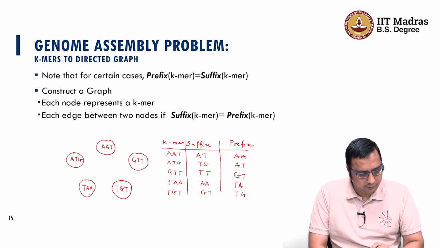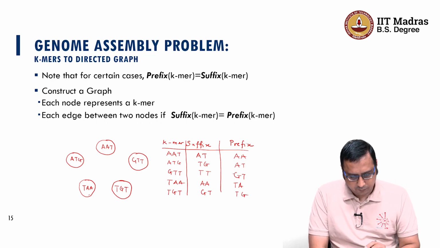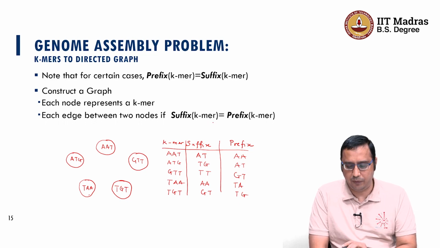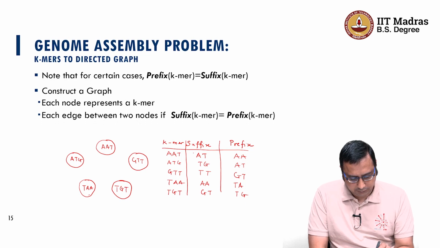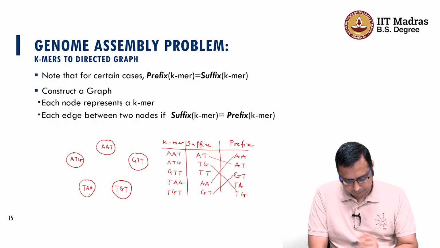Now we can look at this and see there are places where the suffix of one k-mer is equal to the prefix of another. The first example is this one: the suffix of AAT and the prefix of ATG are the same. Similarly, these two are the same, these are the same, and these are the same.